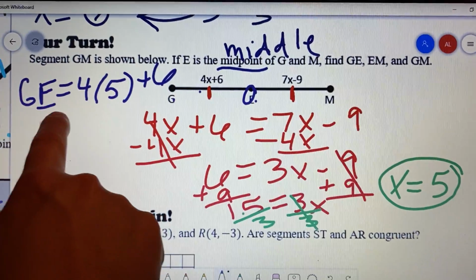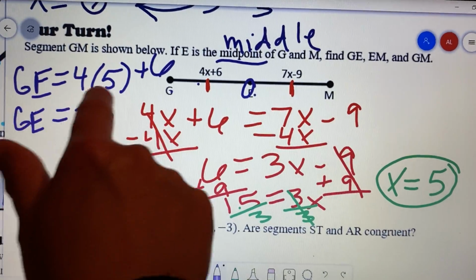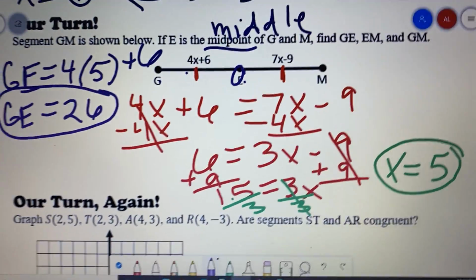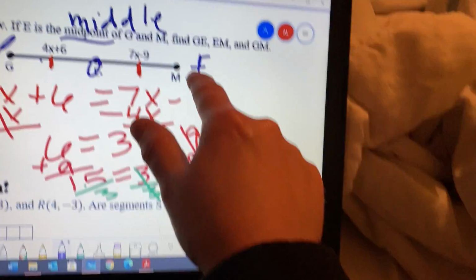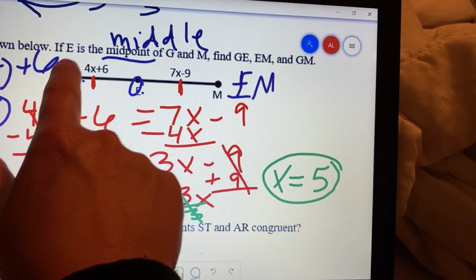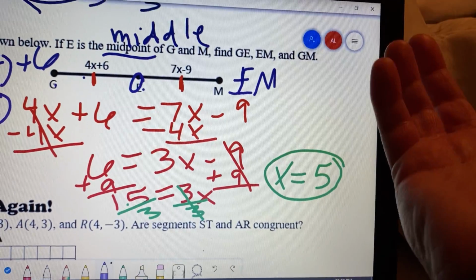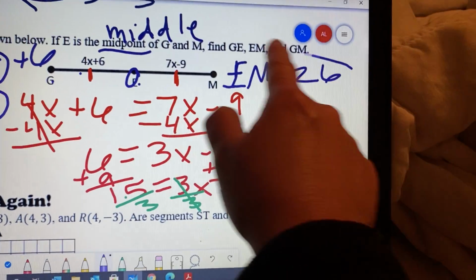And 20 plus 6 is 26. So GE equals 26. They also want me to find EM. But here's the thing. This is congruent to this. So guess what EM is going to be? 26. I don't even need to do the math.